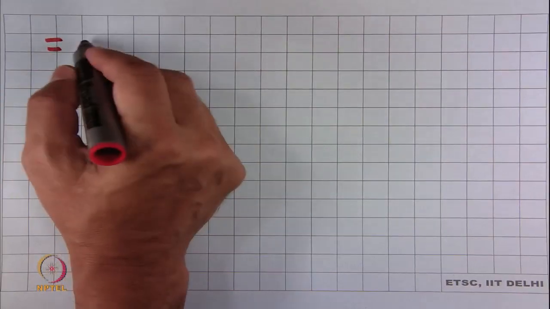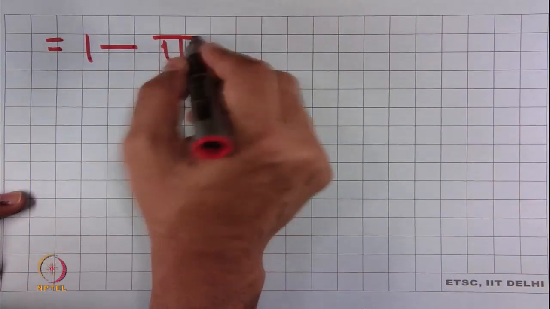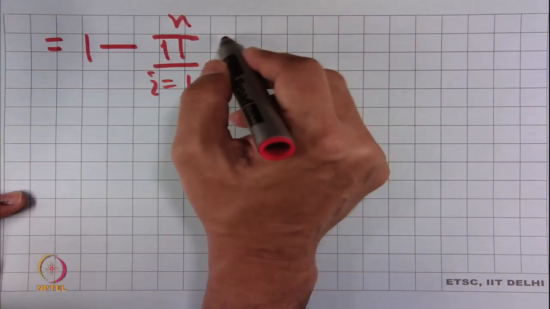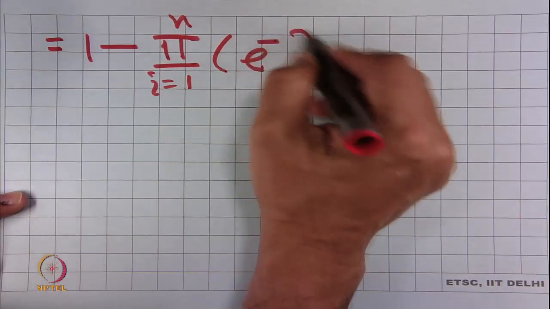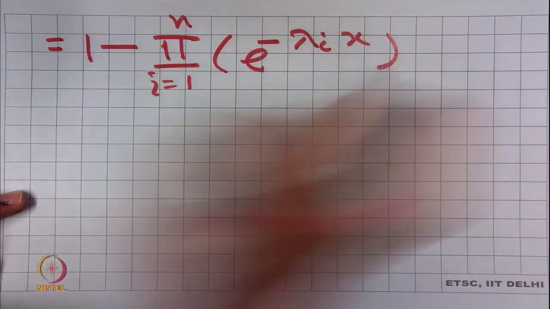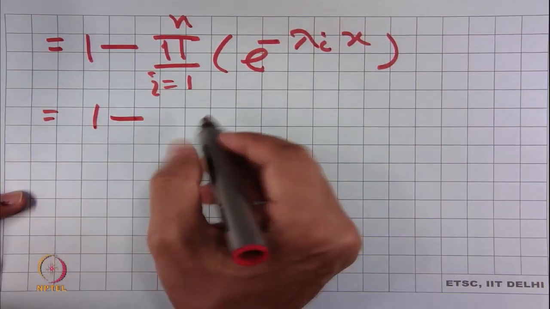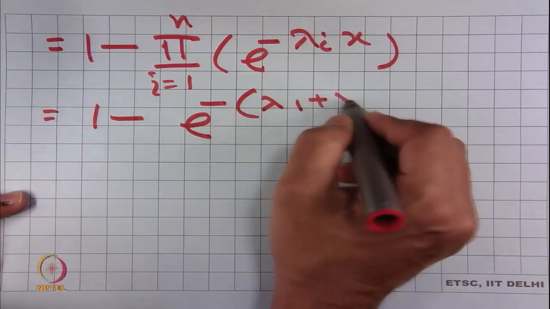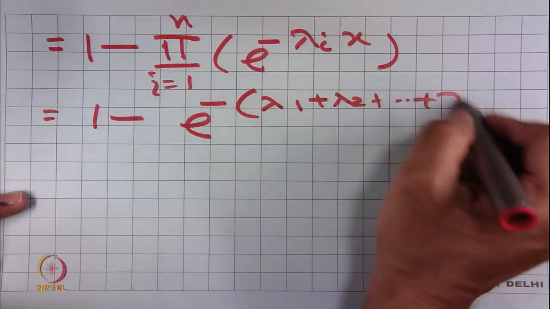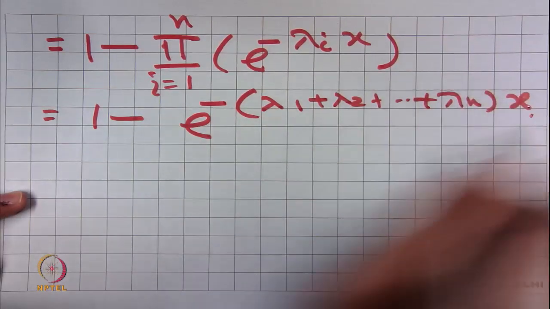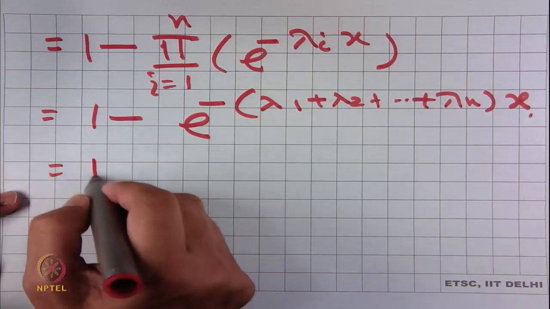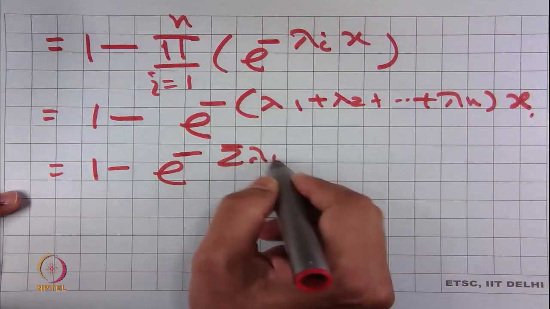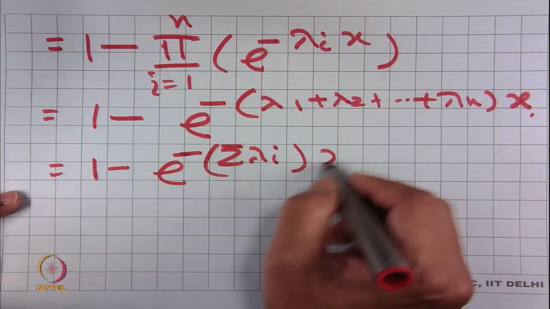is equal to 1 minus product i is equal to 1 to n of e to the power minus lambda i x is equal to 1 minus e to the power minus lambda 1 plus lambda 2 plus lambda n whole to the power x is equal to 1 minus e to the power minus sigma lambda i into x.